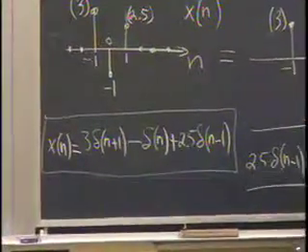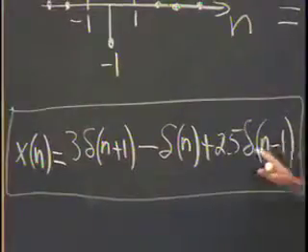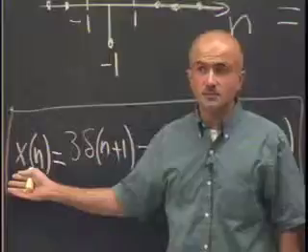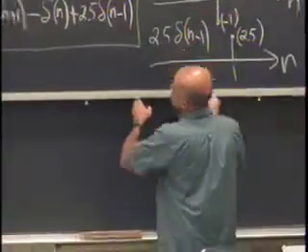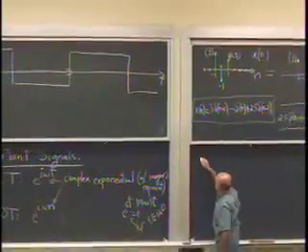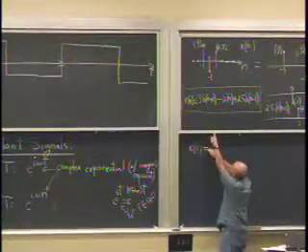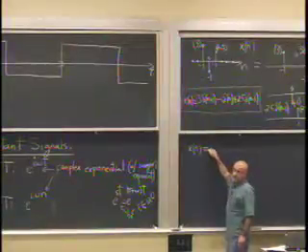Now, it doesn't take a whole lot of imagination to figure out that you can do this for any arbitrary signal, x. So let's write the expression for this in more generic terms. I've written x of n as, what is the number 3?